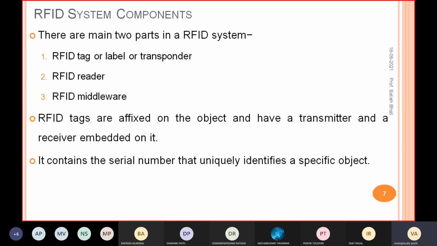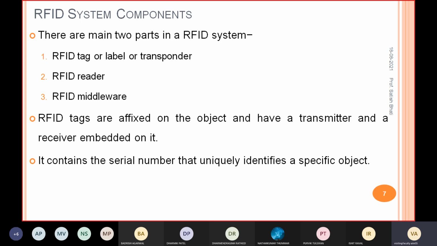This RFID middleware is nothing but software, where you take the data obtained by the reader, and you can observe, monitor, do some operations, or do some analysis, right? So mainly in an RFID system you have two components, tag and reader, but you can also include the middleware, which is nothing but software.